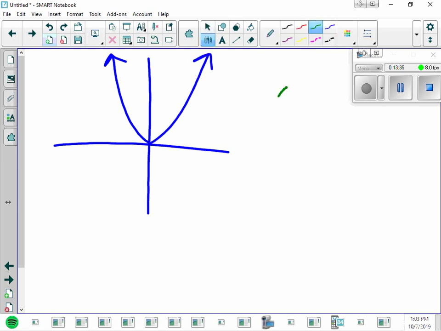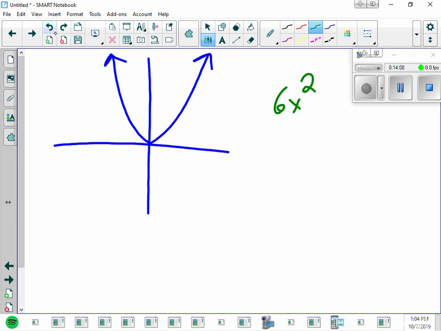If I wanted to graph 6x squared, what would it look like? Taller or shorter? Taller. A lot taller or a little bit taller? It's pretty tall. 6 times taller. So basically, every one of those gets 5 more. And you don't have to draw this, but every single distance, then I would need 6 of those, which is way off the page.